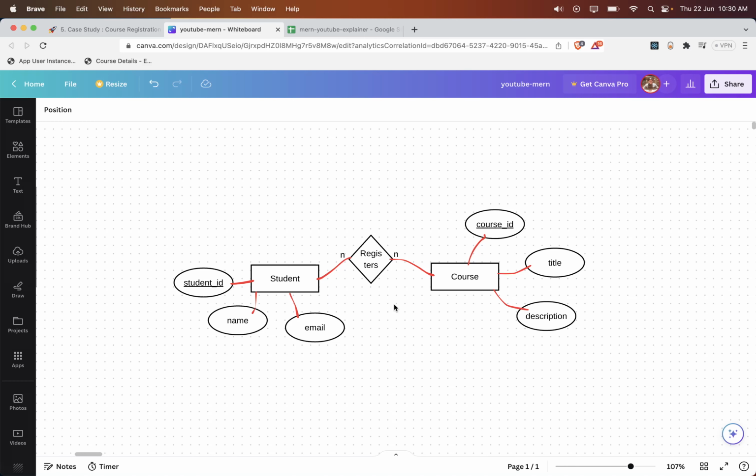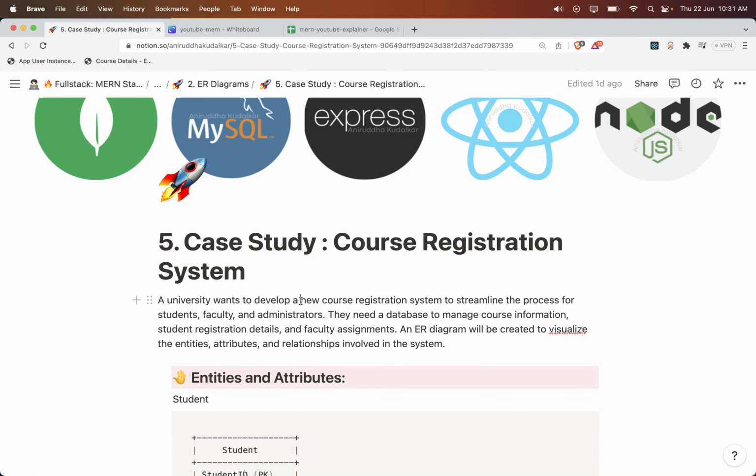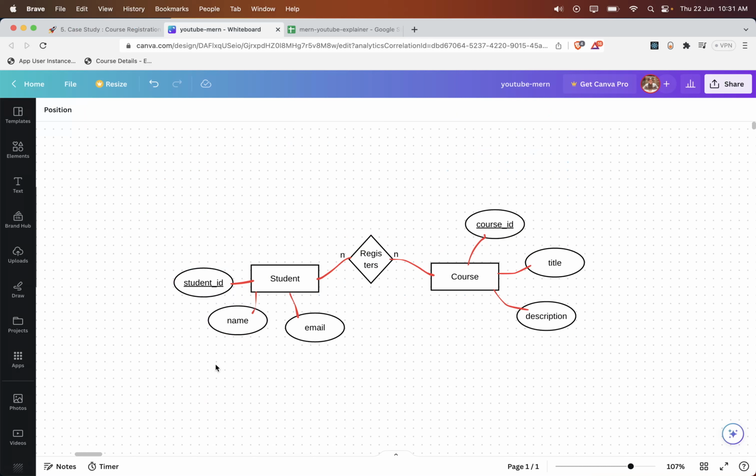I am repeating this thing again. Whenever the client gives you a requirement like this, a university wants to develop a new course registration system, the first thing is to identify how many entities are there, what are the attributes of each entity, and from that you'll create this diagram. This diagram would be shared with stakeholders, product owner, developers, QAs, and other members.